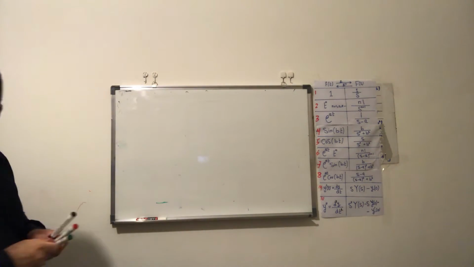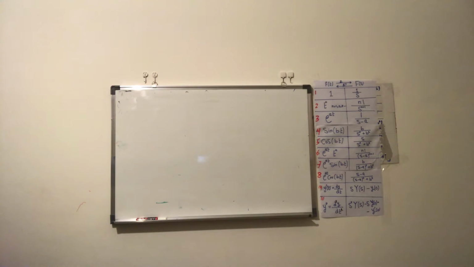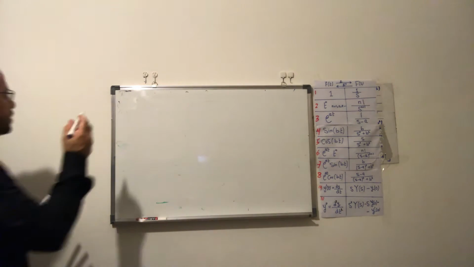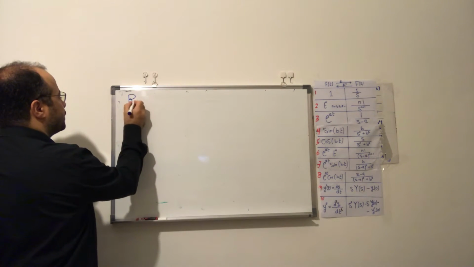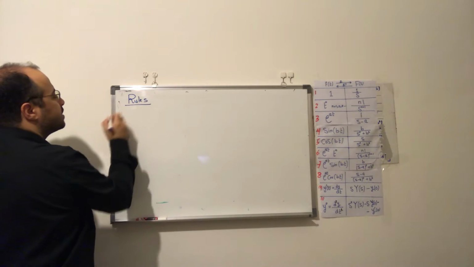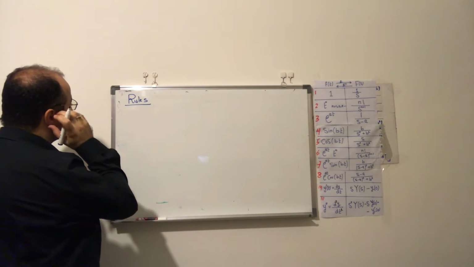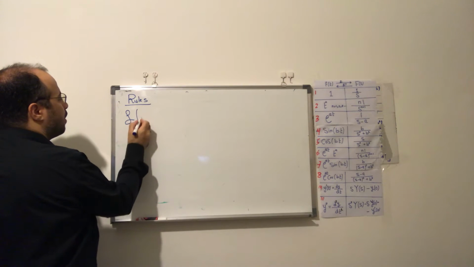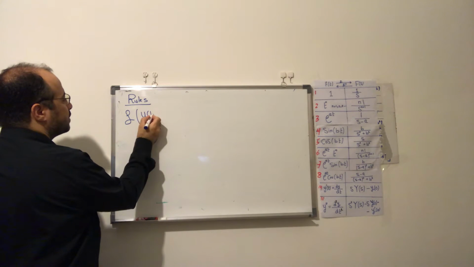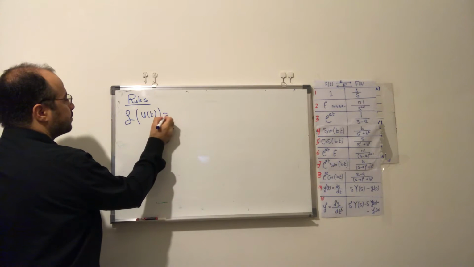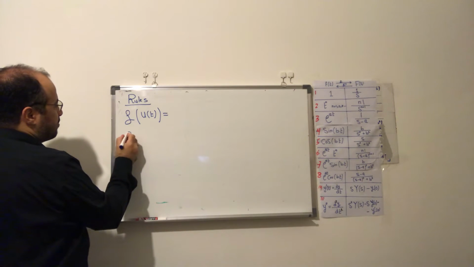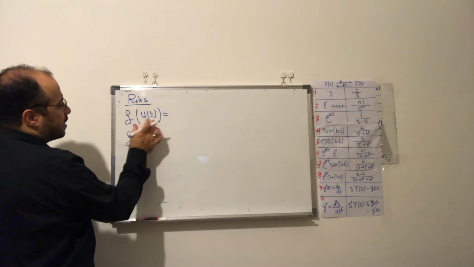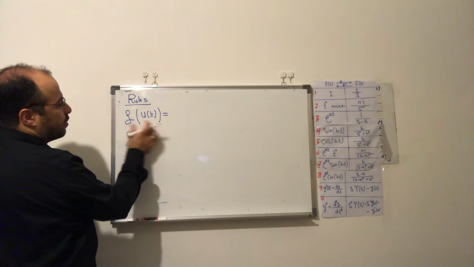Now let me write 3 rules for the Laplace transform. I will list the rules, then I show you the proof. The first one is, what is the Laplace transform of the Heaviside function? And what is the Laplace transform for the Heaviside function with a transition or with a shifting?